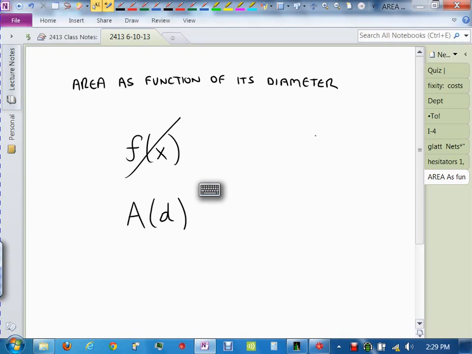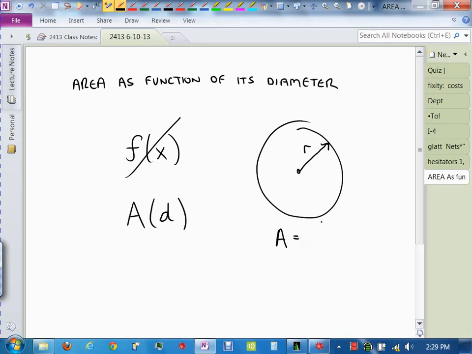So what is the area of a circle? You have to know that before you begin this problem. If I have a circle, and if I know its radius, area is what? This should be a common formula that you would know. Pi r squared, right?